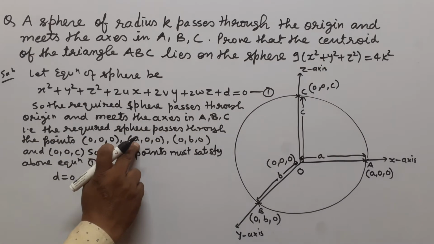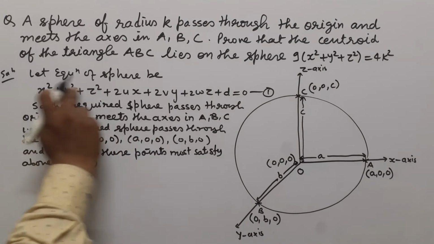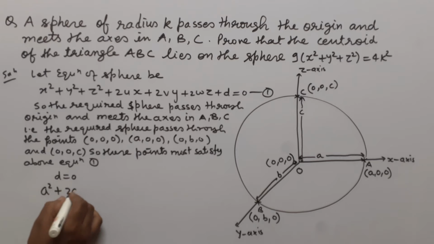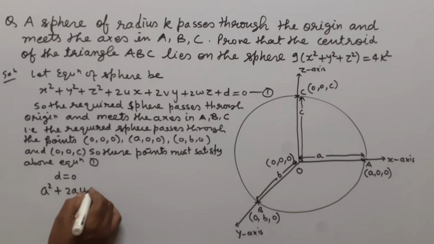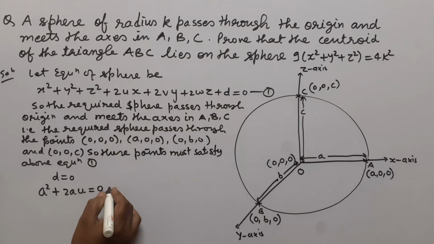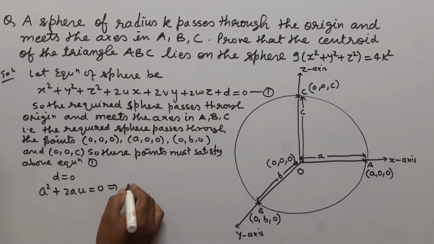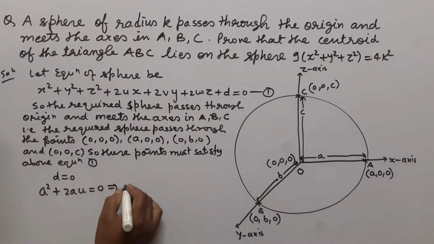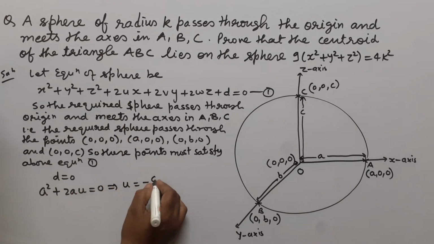Now we put the second point a, 0, 0 in the above equation 1, we get here a square plus 2au is equal to 0. We put d is equal to 0, so from here we can see u is equal to minus a divided by 2.